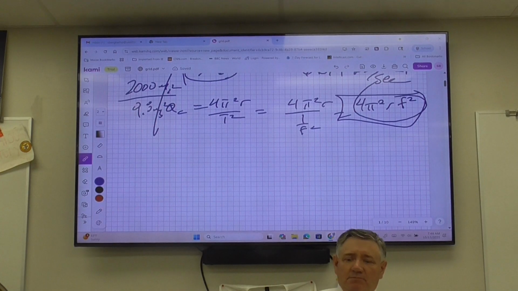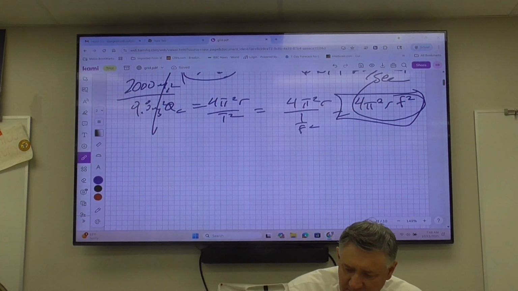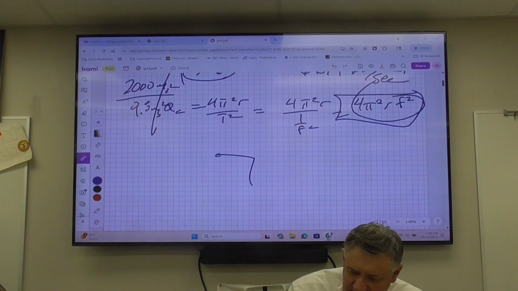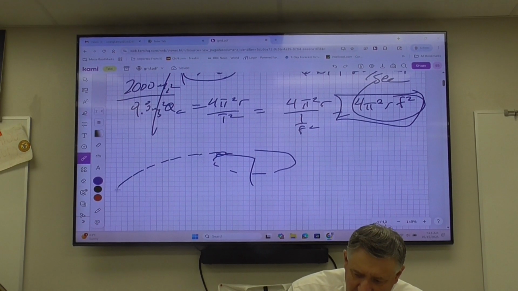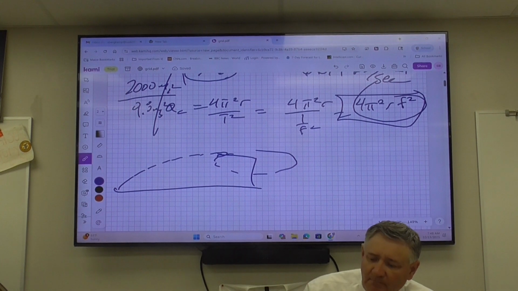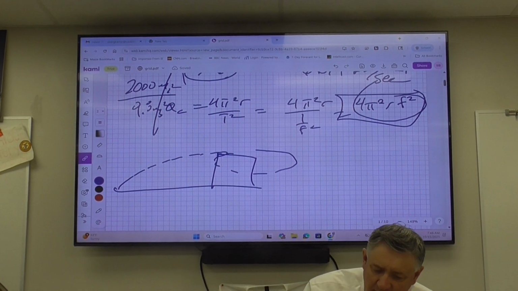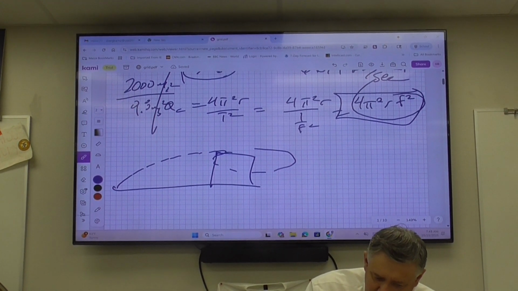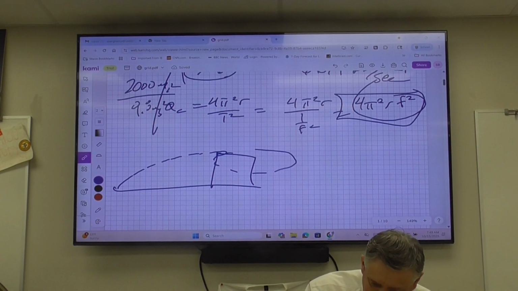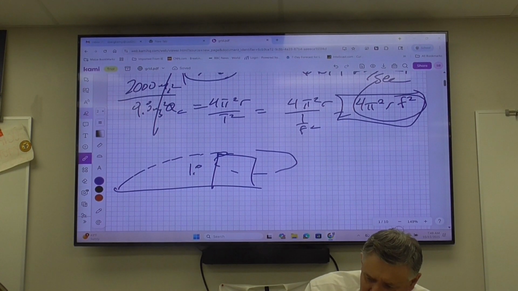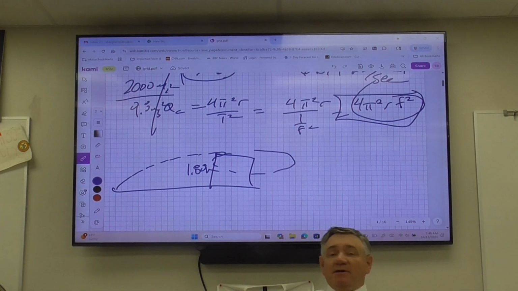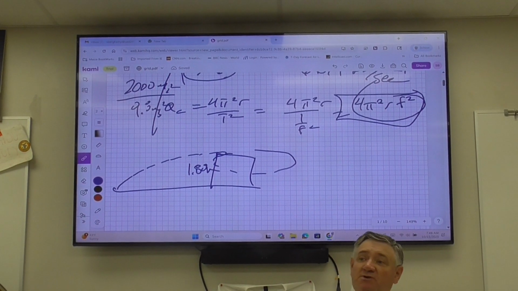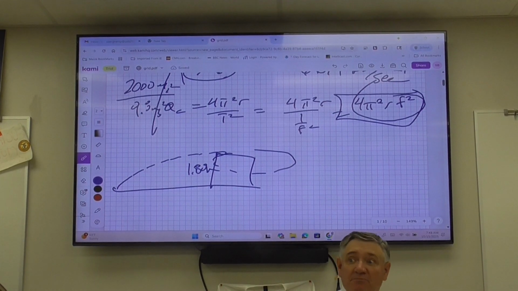So what's happening on number 11 is that you're spinning this thing around, and boom, it goes flying out like this. You know how high it is above the ground, which in this case is 1.80. You're going to use that to find the time. It's a projectile problem. If you don't know how to do projectile problems, go back and look at all the stuff we did with them.